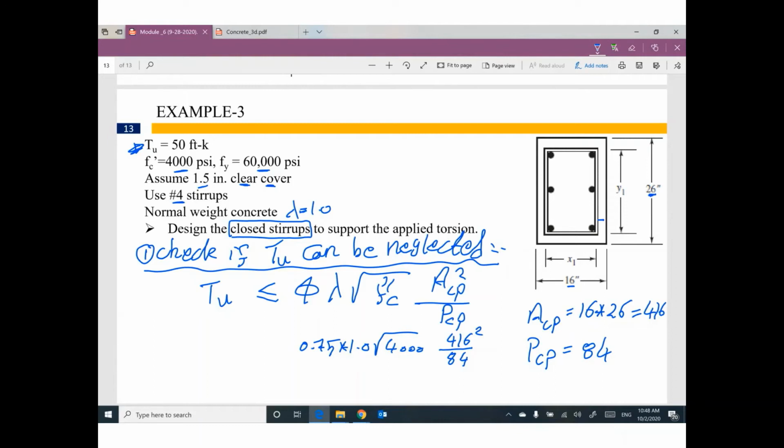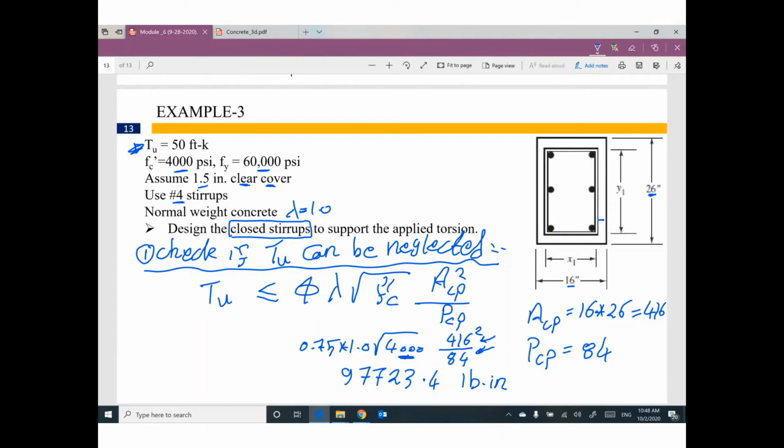This value equal 97723.4 pound inch. Everything is in pound, 4,000 psi, and everything in inch. So your final answer will be pound inch.